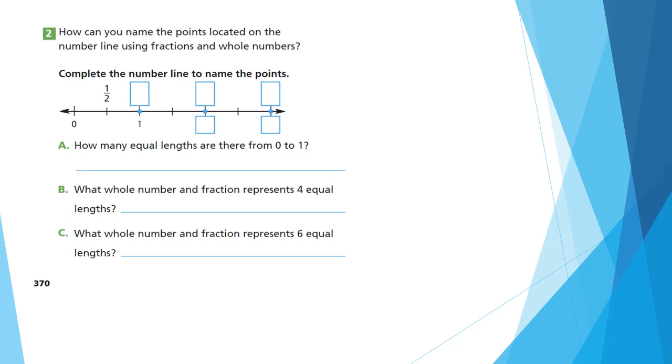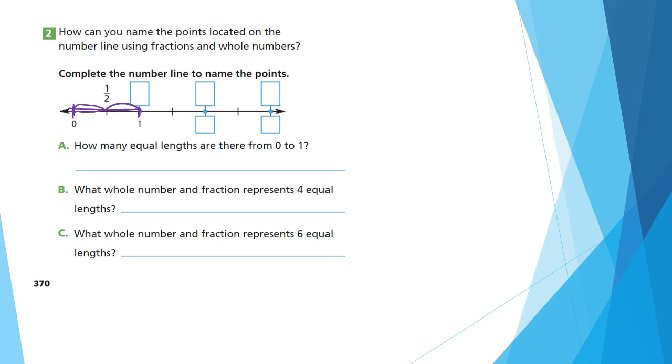If you take a look at the number line, we start at 0, and then we have a 1 right here. So the entire number line is equal to more than 1, but we're going to focus first just on the parts that equal 1. And if we take a look at that 0 to 1, we see that there's 2 parts that equal 1 whole.